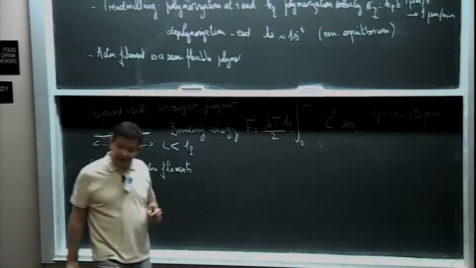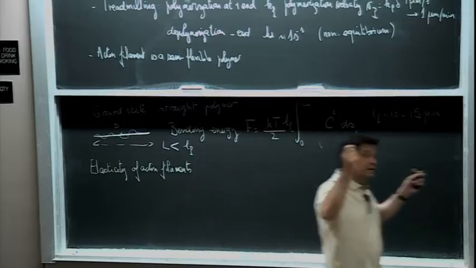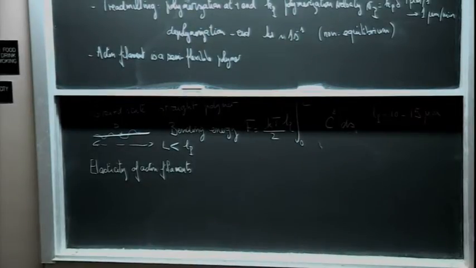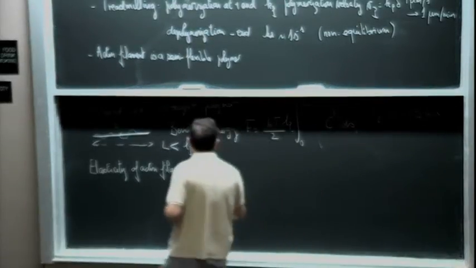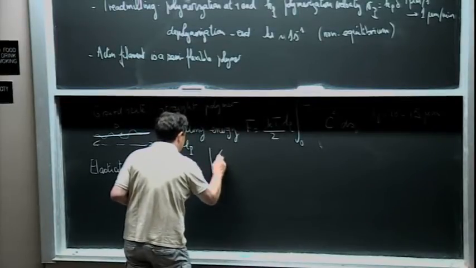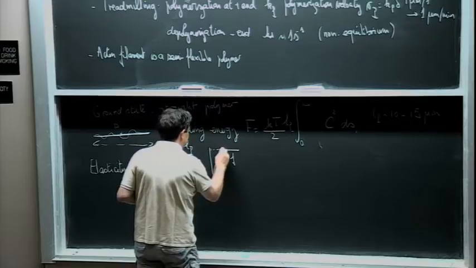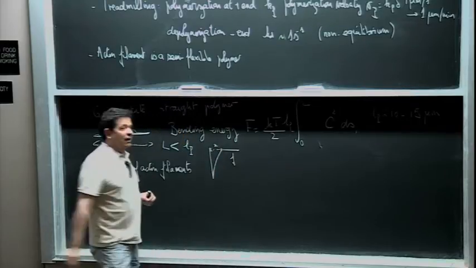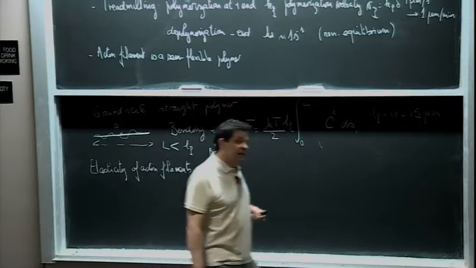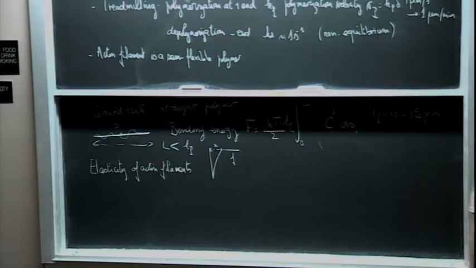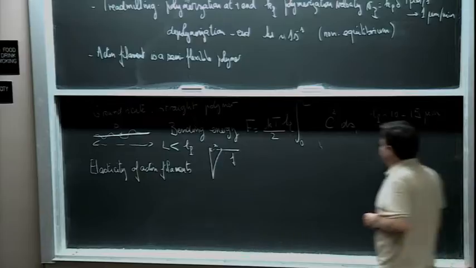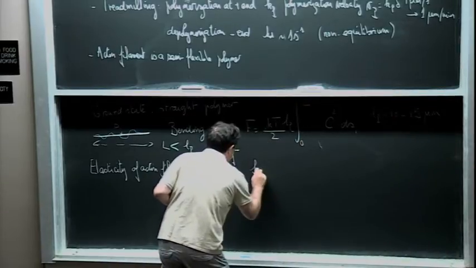So the first mode I can consider is the macroscopic bending of the filament. So I take a filament like this, and I bend it with the force F. I displace it by a length x. If the force is small enough, F is proportional to x, and there is a stiffness such that F is equal to kx.